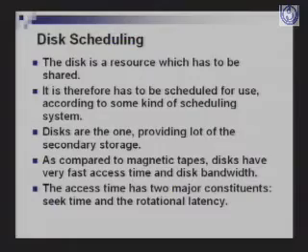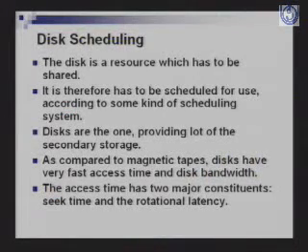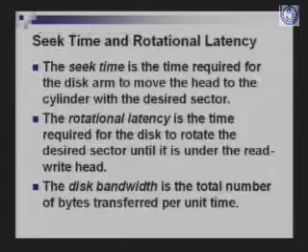The access time consists of two major components: one is the seek time and the other is the rotational time. Seek time is the time required for the disk arm to move the head to the cylinder with the desired sector. I told you the cylinder is nothing but the identical track numbers on various disks.